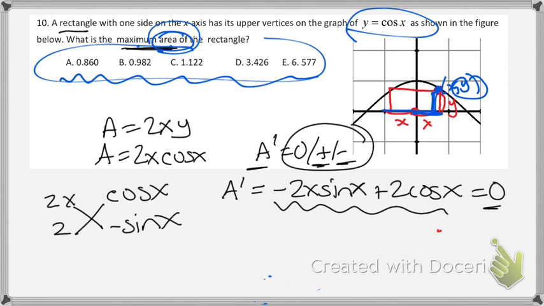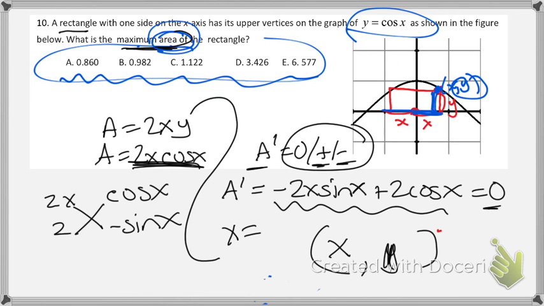Okay, find that coordinate, whatever that x-coordinate is, that would be what x equals. Round it to the nearest thousandth. You're not done though, because what they want is the area. So you have to remember to plug that x back in over here. You're going to have to plug it back in right here.